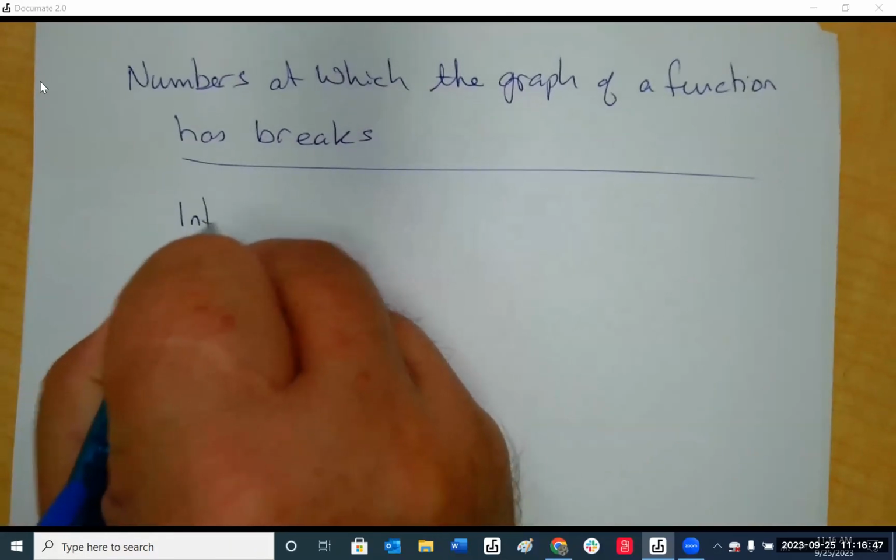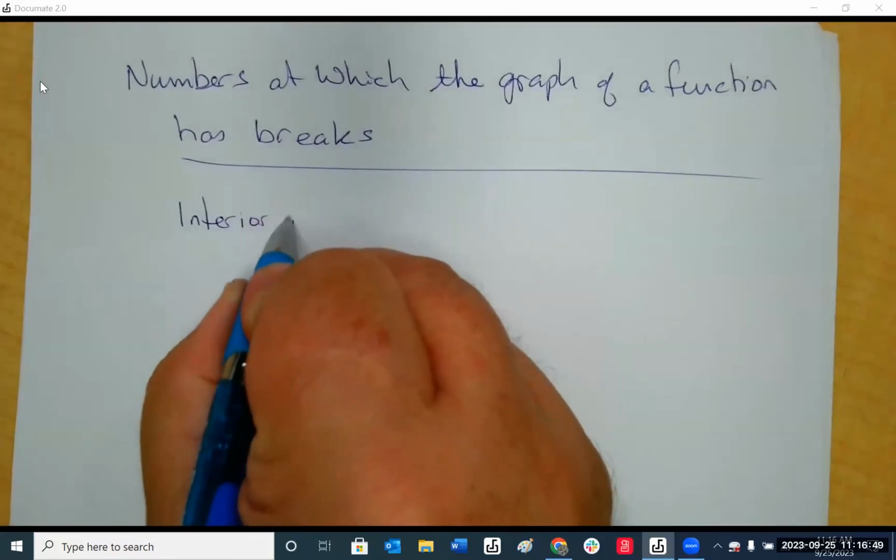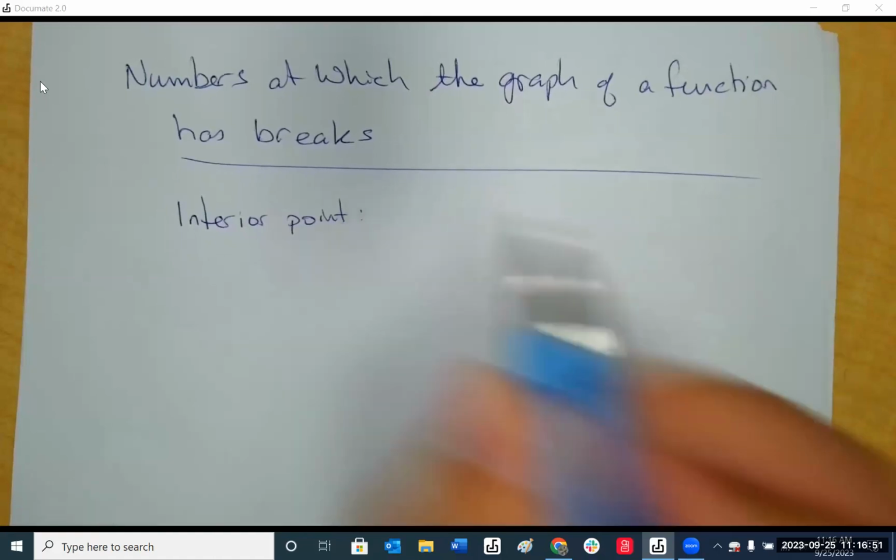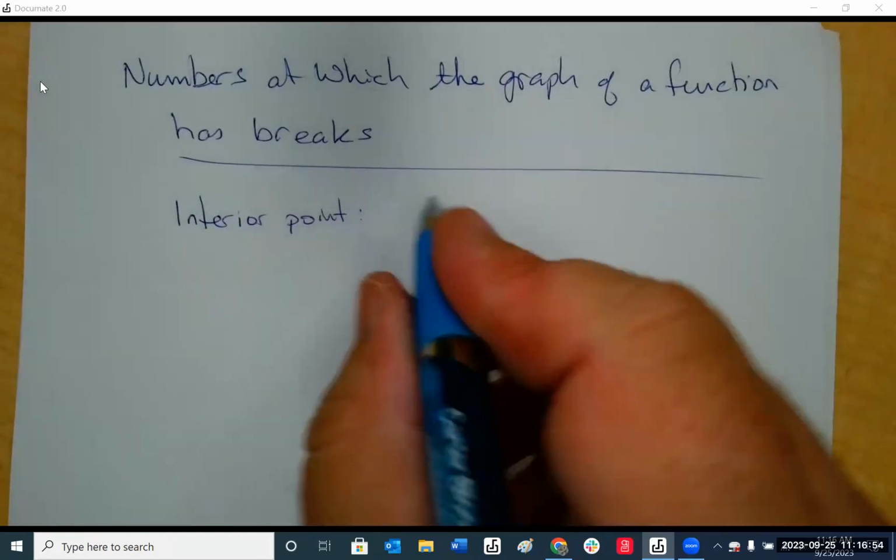Okay, first off, what is an interior point?